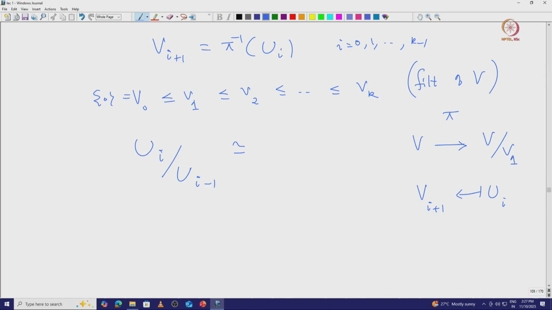That means U i modulo U i minus 1 is going to be exactly isomorphic to V i plus 1 modulo V i. So let us restrict the map pi to V i plus 1. This is going to define a map from V i plus 1 to U i.